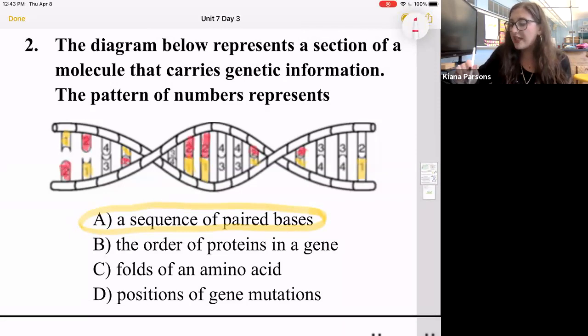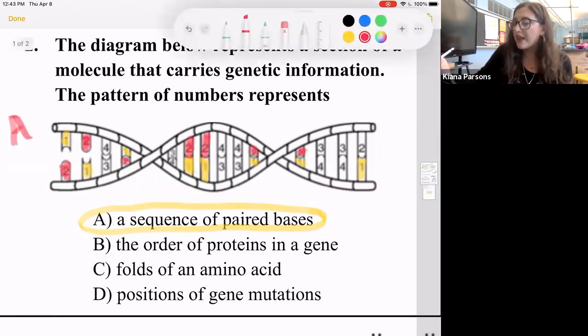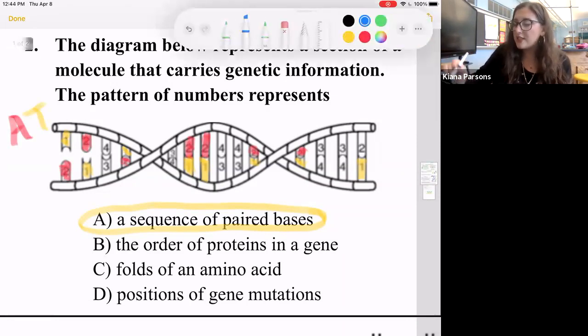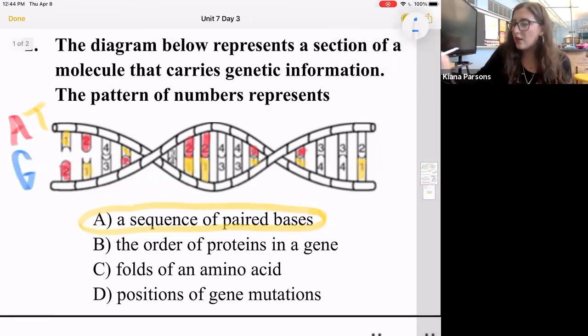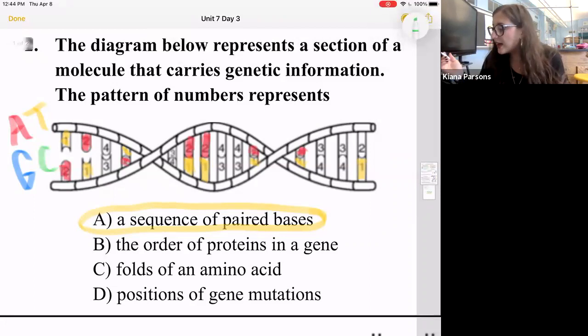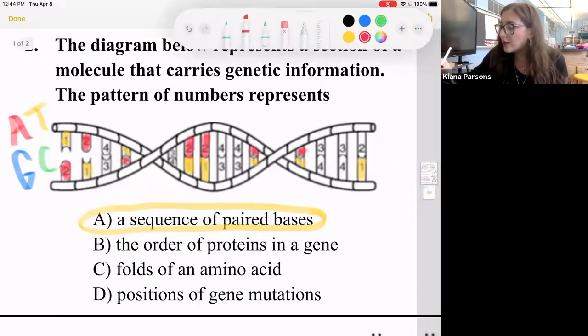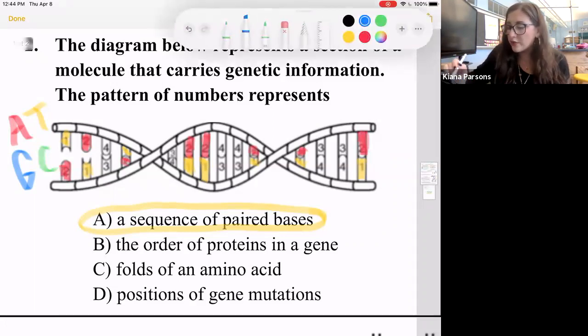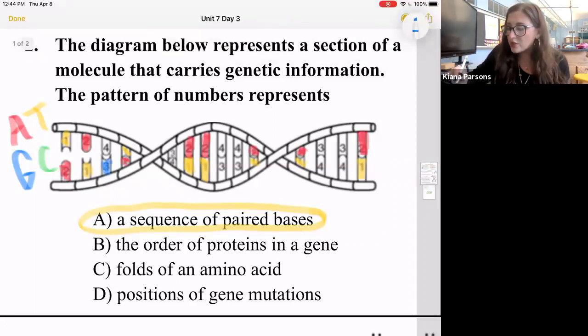Just like all the A's are paired with T's, and all the G's are paired with C's. And we missed one red one. But we're going to see this sort of repeating color structure a lot today as we're talking about base pairing.